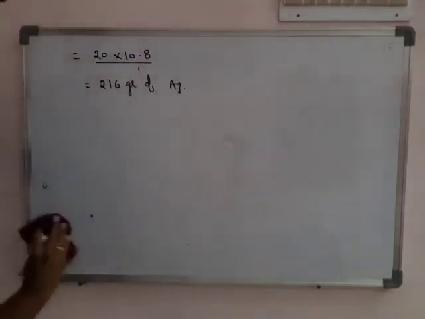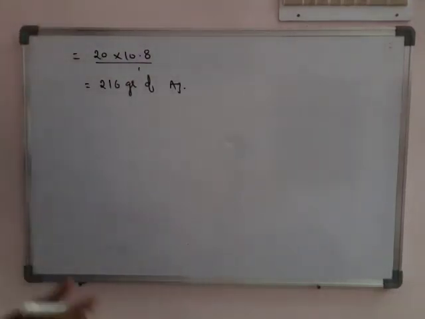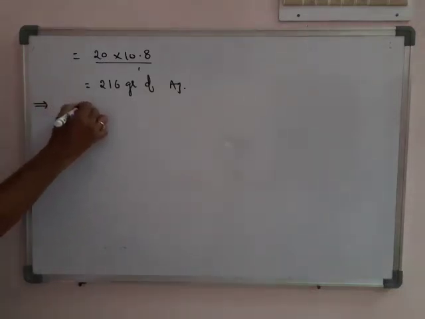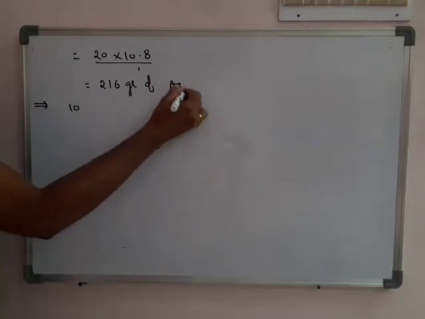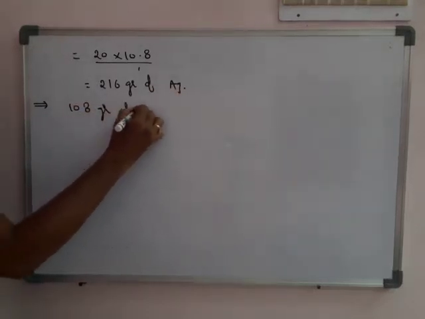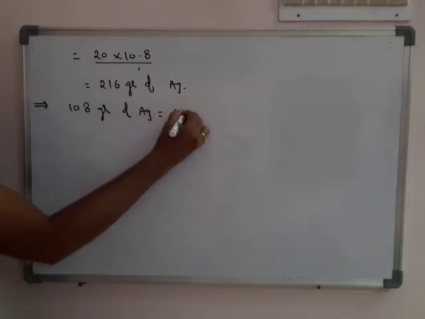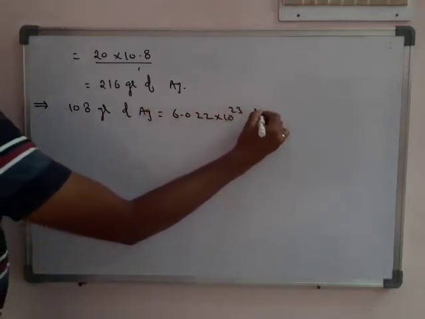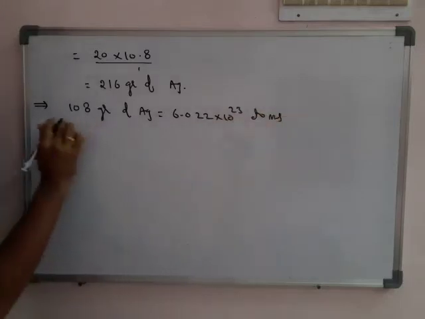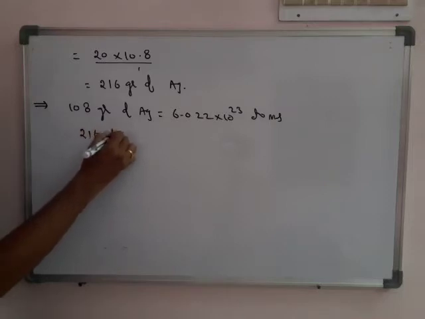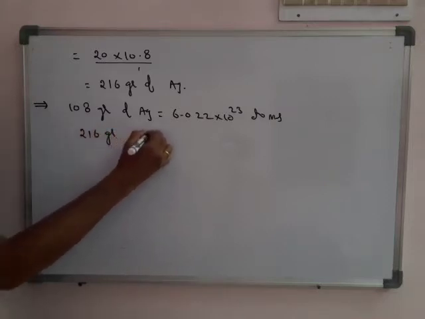Okay, here 216 grams of silver required. So now take one other step. We know that the atomic weight of silver is 108. Means 108 grams of silver is equal to Avogadro number of atoms. Because 108 is the atomic weight of silver, then what about 216 grams?